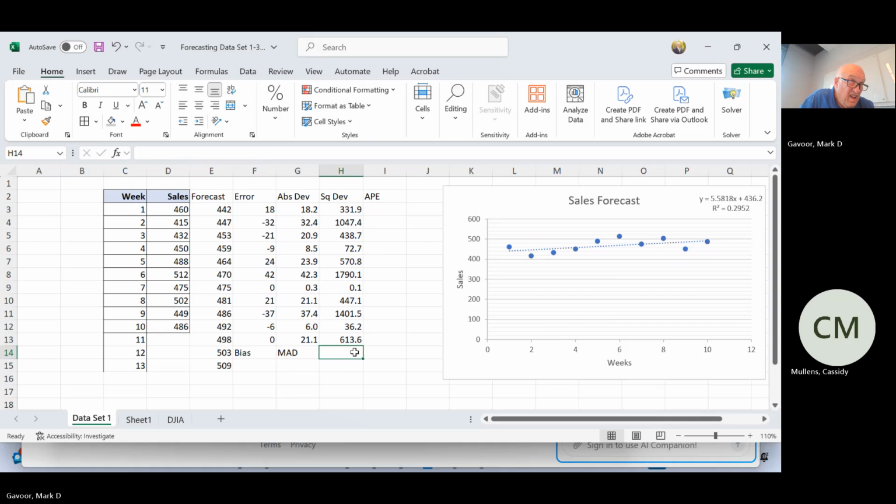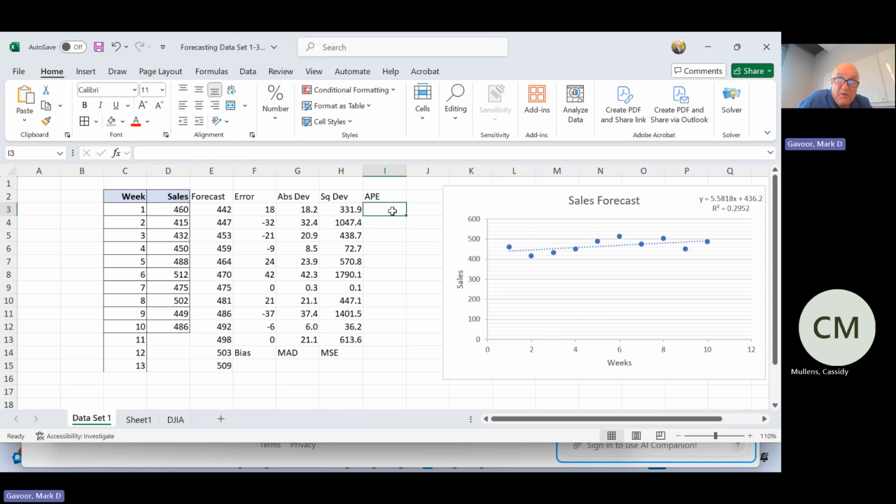If I take the square root of that, what's the square root of 600? Around 20, between 20 and 25. So it's not much different than the standard deviation is about what the MAD is. Okay, that would make sense to me. But that's why people don't like mean squared error. It doesn't mean the same thing.